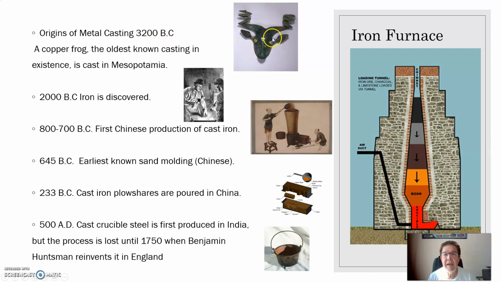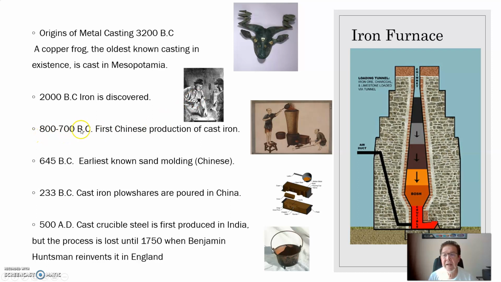The origin of metal casting comes from 3200 before Jesus Christ, and we can find here a frog made of copper. It was made in Mesopotamia. In 2000 before Jesus Christ, iron was discovered. It was used, as I told you before, from meteorites that contain more than 90% of iron.